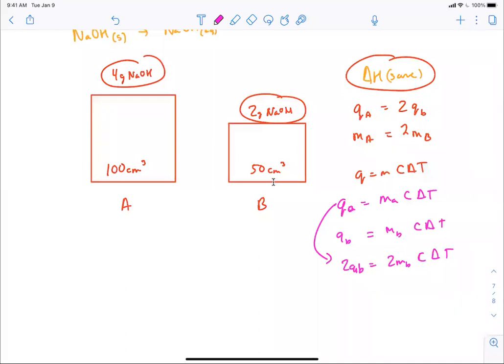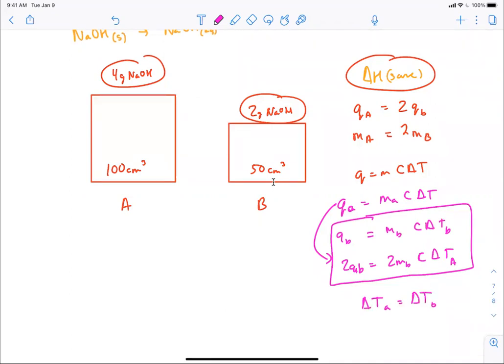So what does my delta T look like now that I've looked at those equations? How are my delta T's for A and B related? They're the same. They are the same in value.